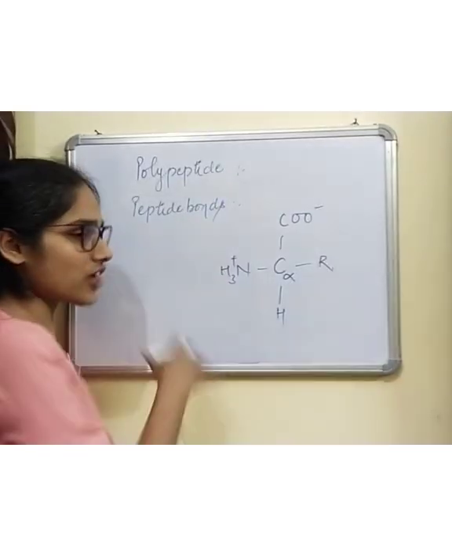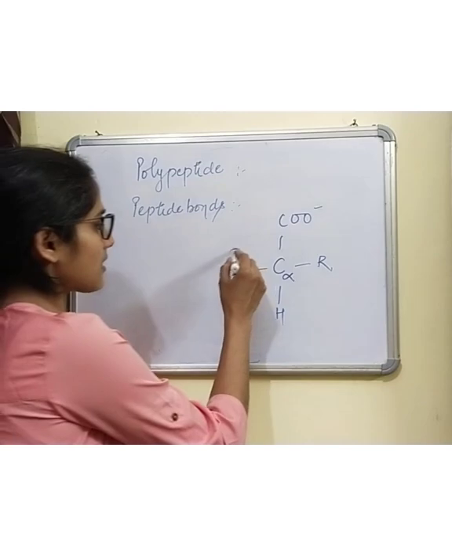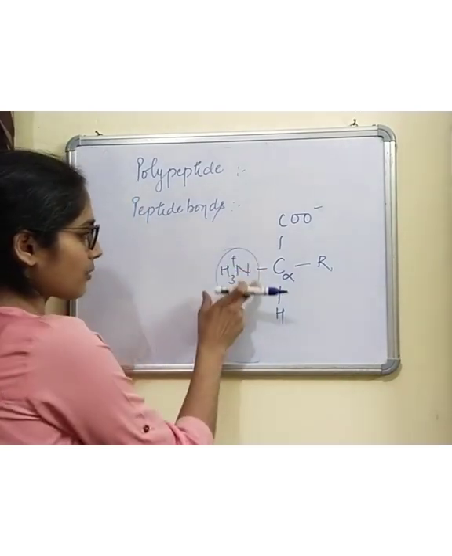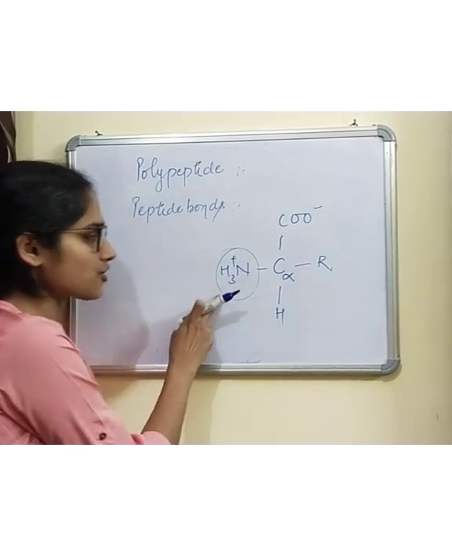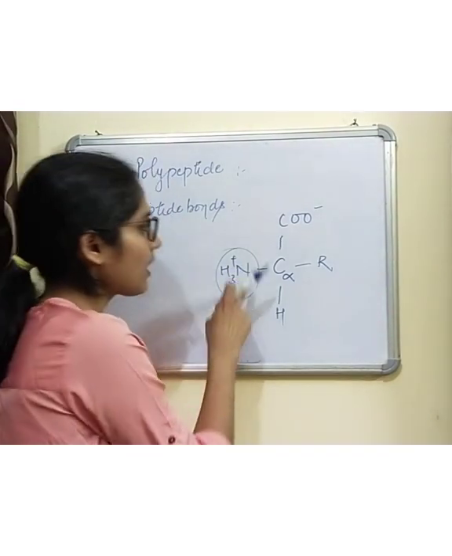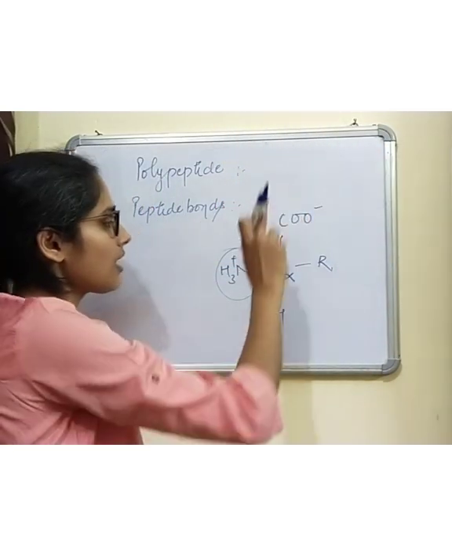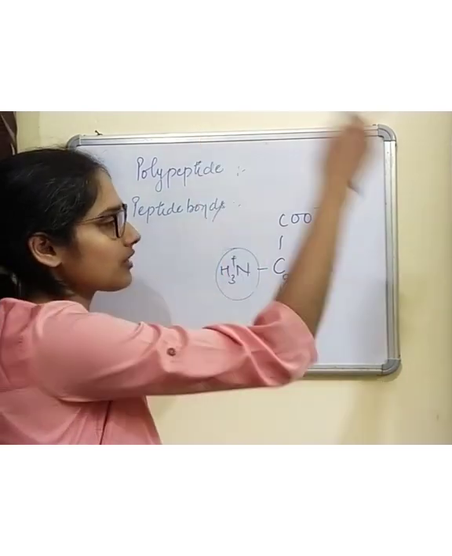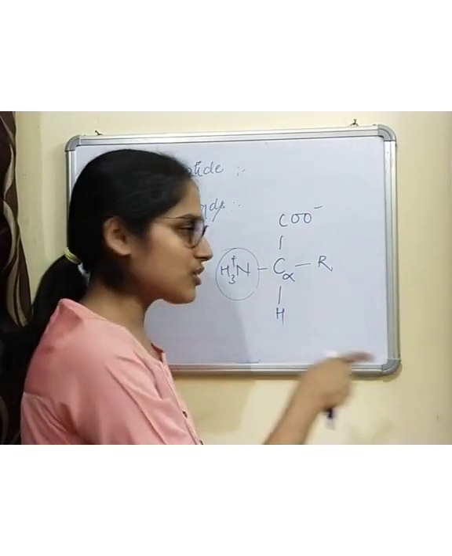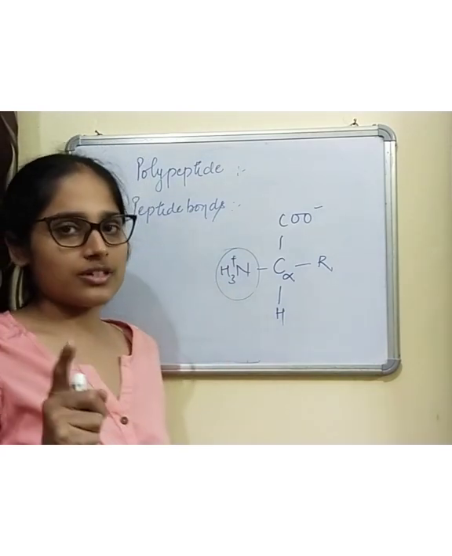There is an unshared electron pair in the alpha nitrogen atom. This unshared electron pair attacks the carbonyl group of the other amino acid. So one amino acid's nitrogen is involved, the other amino acid's carbonyl carbon atom is involved, and one molecule of water is released.